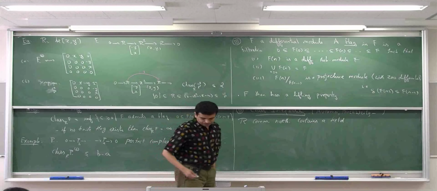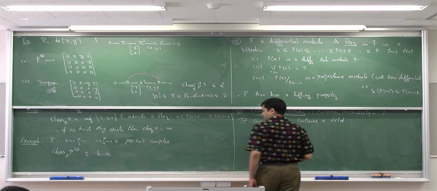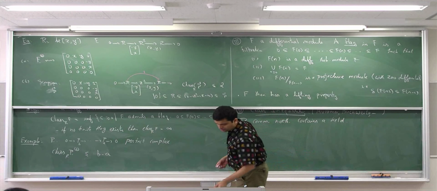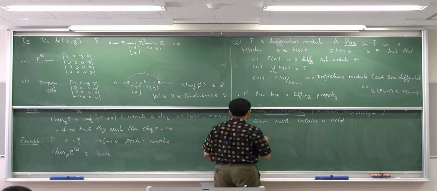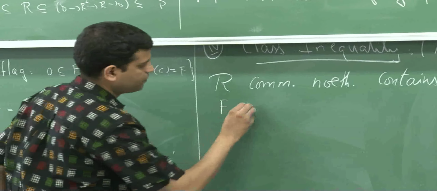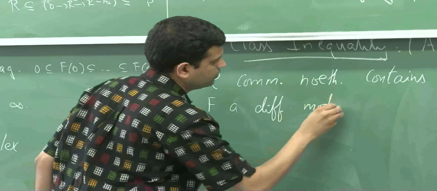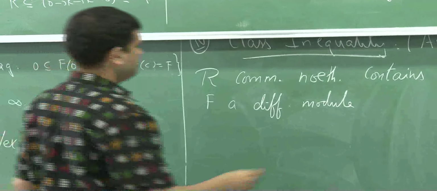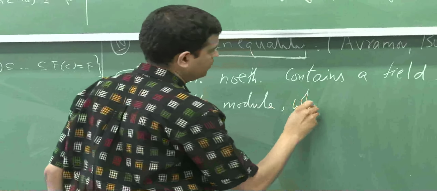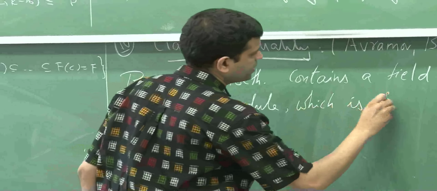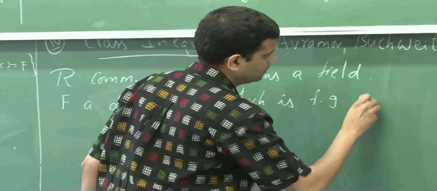Okay. Now, F is a differential module which is finitely generated as an R module.